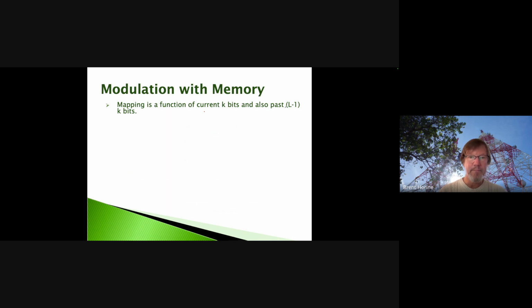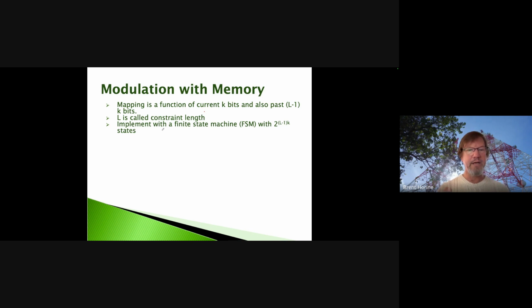L might be 2, so we might look at the previous 1 bit, or L might be 7, something like that. And L is called your constraint length, just terminology there.